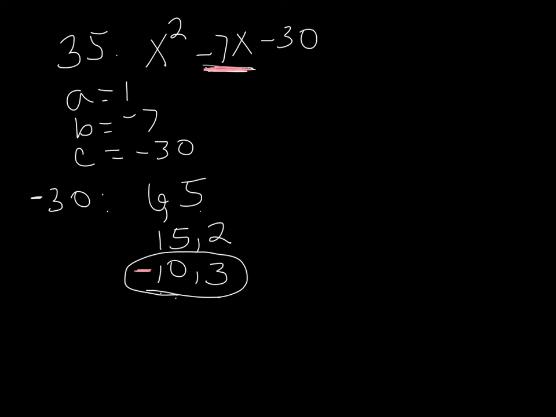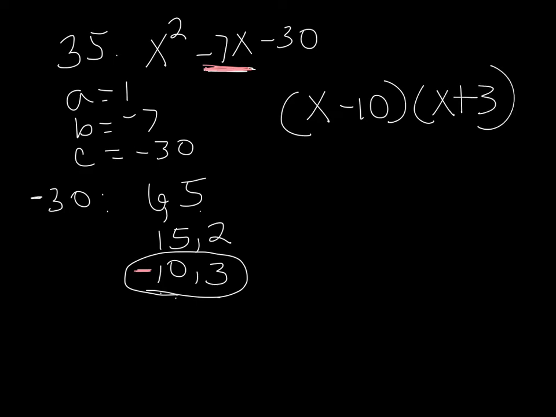So here, this will just factor into x minus 10, x plus 3. And that's all there is to that one. Let's go ahead and try one more. Let's look at 31. So this one is x squared minus 8x minus 15.